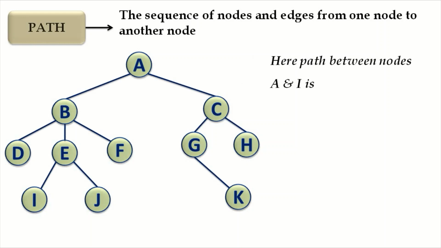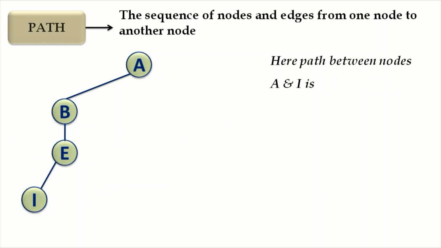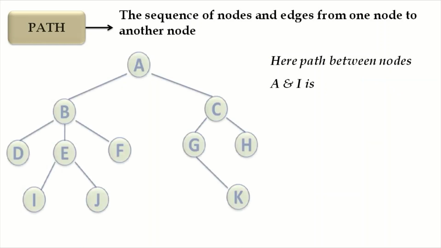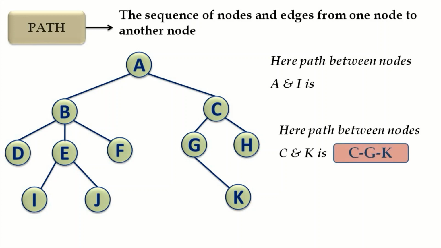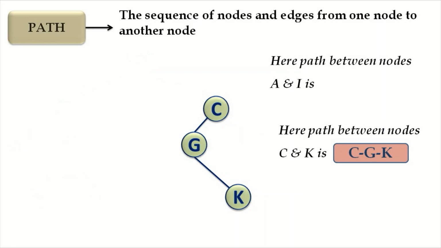Here the path between nodes A and I, where A is a root node and I is a leaf node: A to B, B to E, E to I. So this is a path between A and I. Next, the path between nodes C and K: C to G, G to K. This is the path.